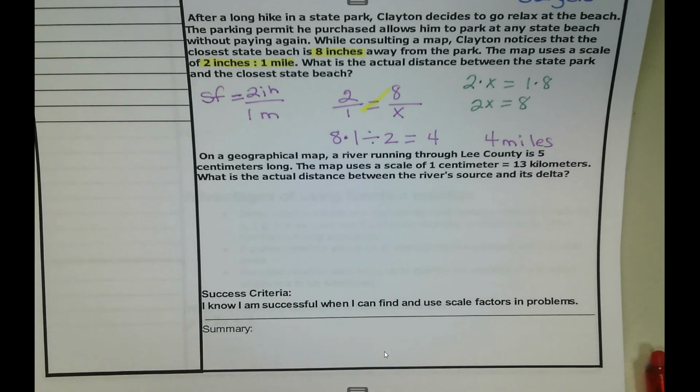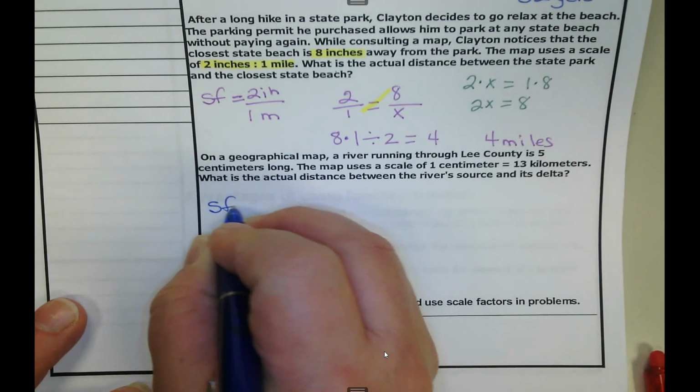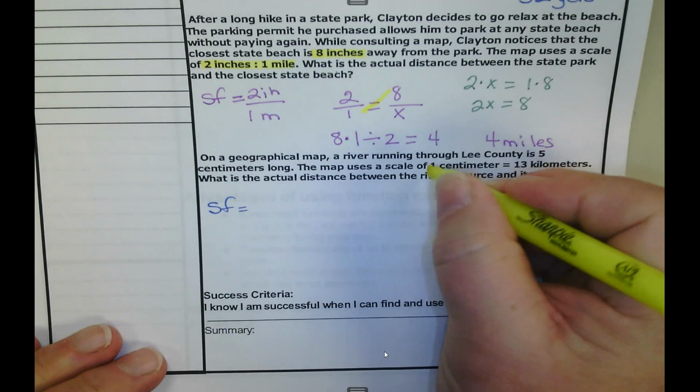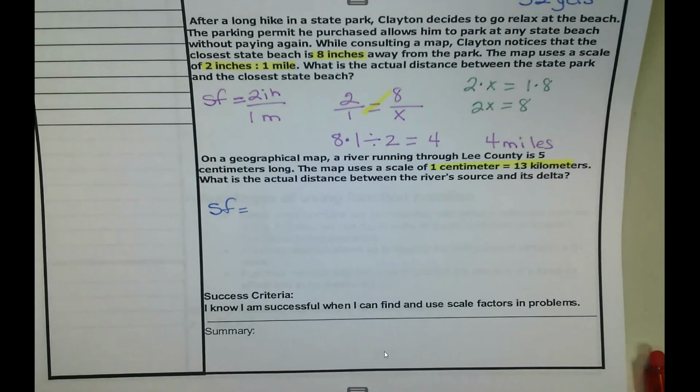Okay, on the geographical map, a river running through Lee County is 5 centimeters long. The map uses a scale of 1 centimeter is equal to 13 kilometers. What is the actual distance between the river source and its delta? Scale factor. 1 centimeter is 13 kilometers.